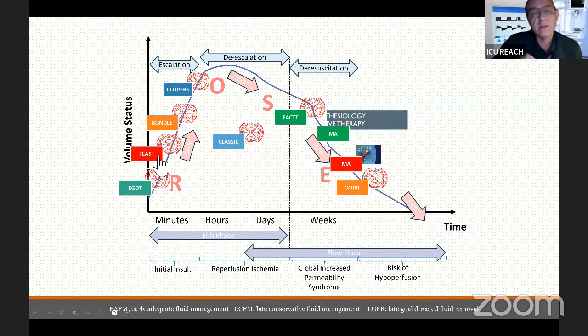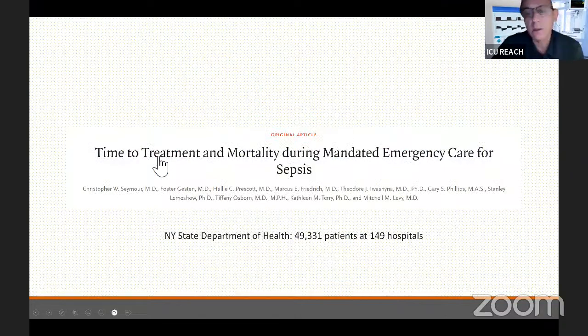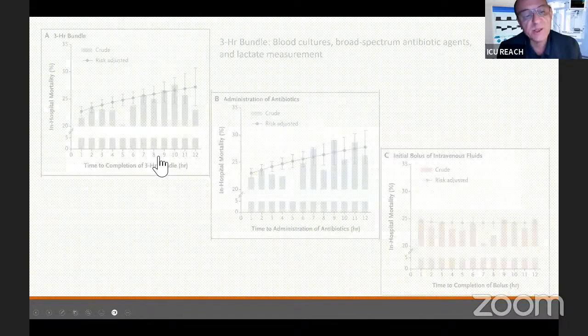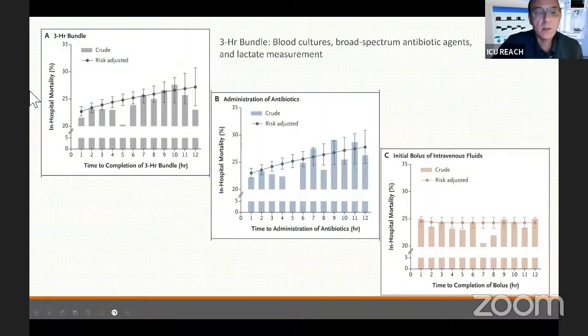All right, let's look at the study that looked at the bundles. So the bundle, which is the 3-hour bundle that we give, is actually recommended by the Surviving Sepsis campaign. And this study is in New York State, by the Department of Health, and included 50,000 patients, and those patients were in 150 different hospitals, where they looked at the outcome in relation to, number one, the time to completion of the 3-hour bundle.